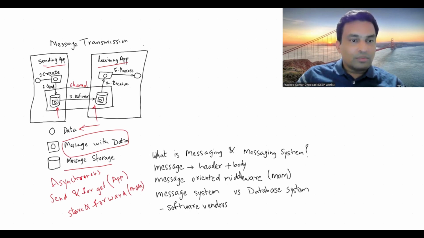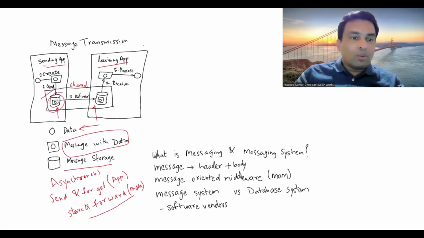In a similar way, it's the messaging system's responsibility to reliably send the message from one application to another application. So in order to make it reliable, the messaging system follows this store and forward. In step two, before sending to the receiving app, it tries to store the message here and then forwards it.